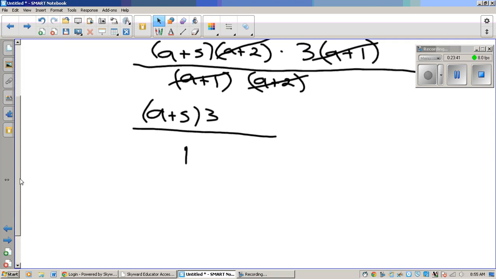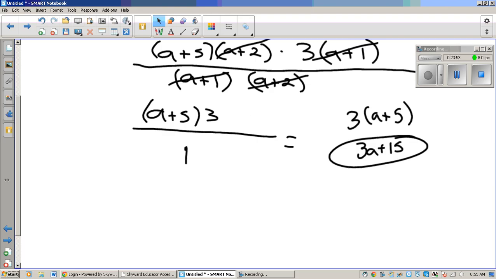So in this case, we can either write 3 times a plus 5, or we can write 3a plus 15. This is very simple. It probably makes most sense to write it in expanded form there, rather than factored form. But I wouldn't mark either one wrong.